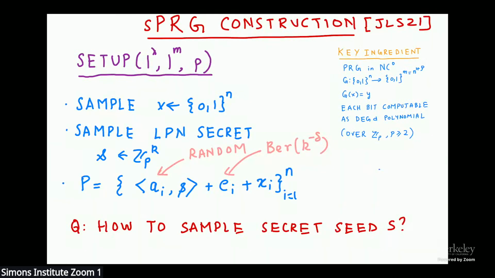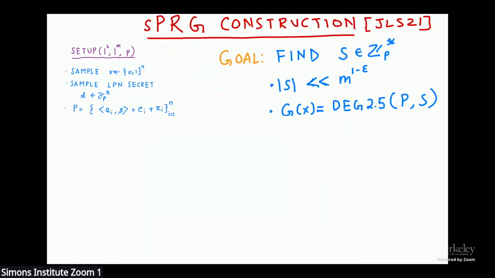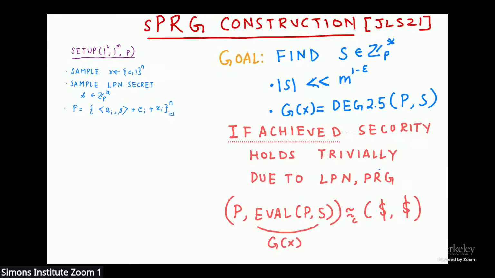We want to come up with another secret seed that is small, such that you can compute the PRG using degree 2.5 computation over Z_P. The first thing I want to say is that for security, if you assume that we already did this, that we are able to come up with the seed, which I haven't told you how, then security trivially holds, because the security notion says that P and the evaluation should look indistinguishable from random.